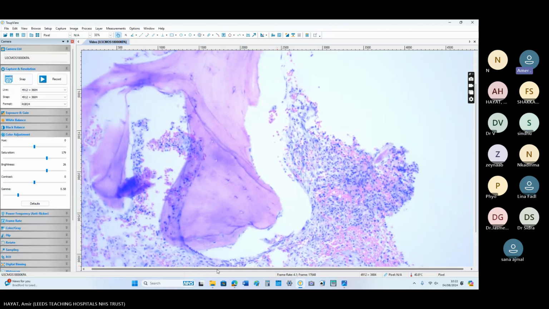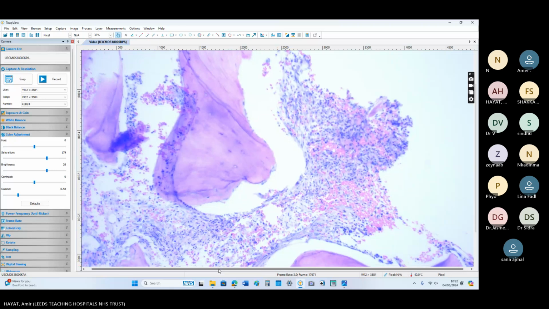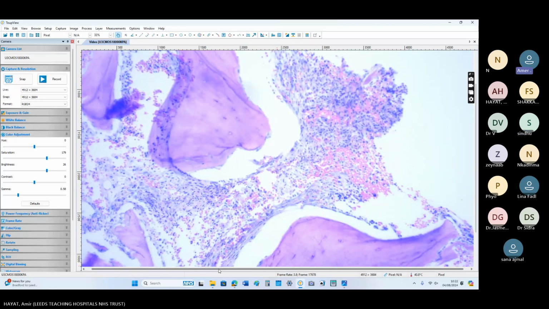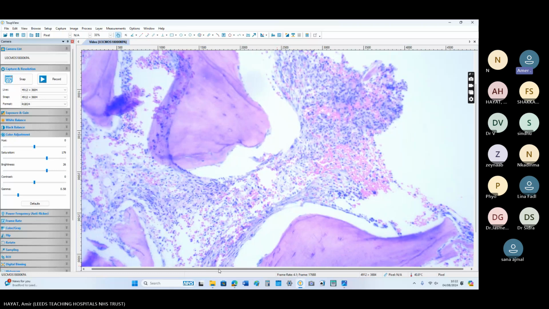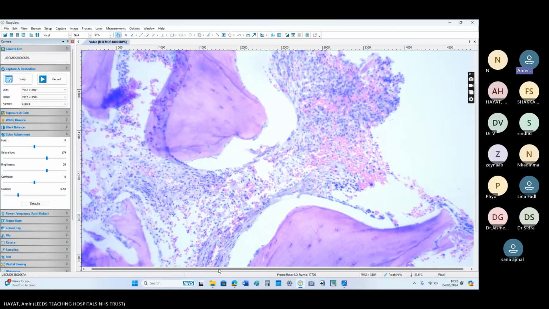And the characteristic feature on the trephine is peritrabecular fibrosis, and it is best seen on Giemsa stain. So you can see the marrow is fine, but the peritrabecular area is all fibrotic.